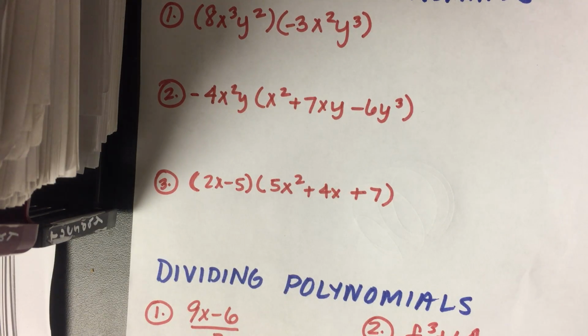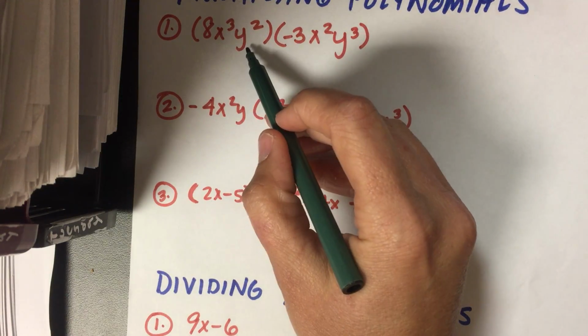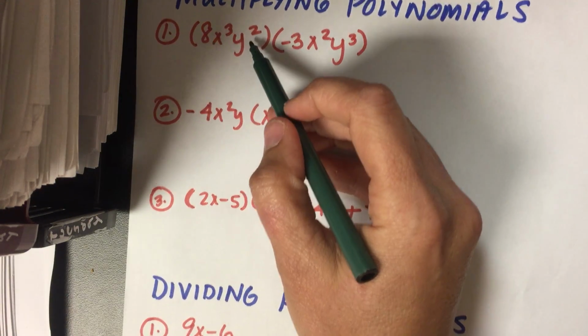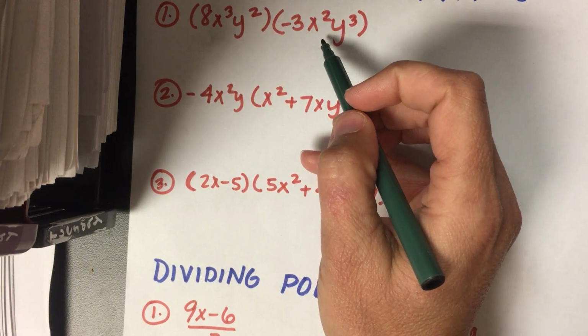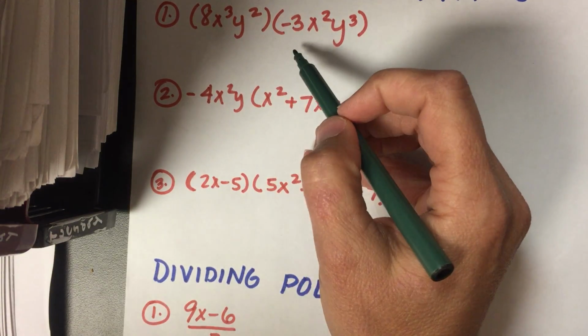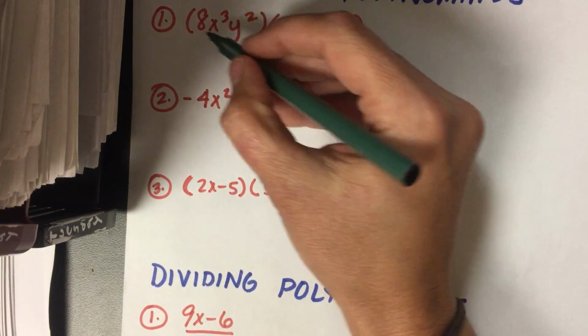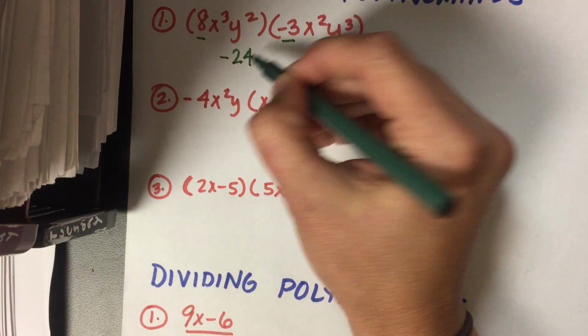And when I multiply this out, what I notice is even though there are multiple values and multiple terms in this expression, these are simply monomials. There is not an addition or subtraction element here, so we are not going to need to distribute. We're simply going to multiply these straight across. So the first thing I have is 8 times negative 3, which is negative 24.